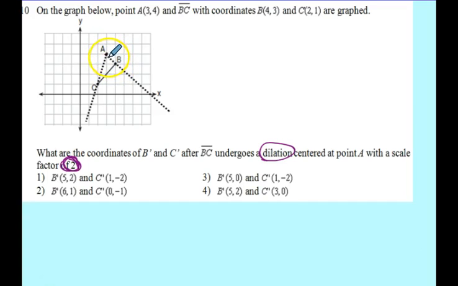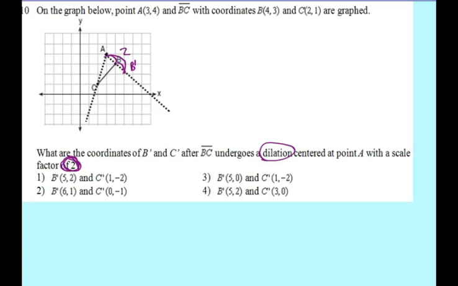Remember, very important, betweenness is the space between the center of dilation and the point of interest. This is betweenness for point B, but twice that, 1, 2, will be betweenness for point B prime. This is 2 because coefficient of 2 was applied to 1 betweenness.